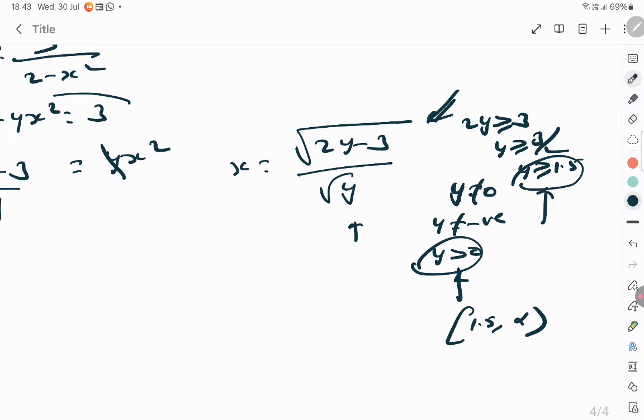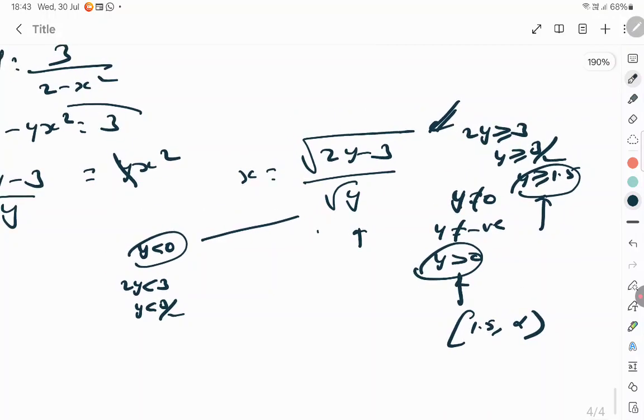In that case, y is any number less than 0, thinking about the denominator, and taking the numerator, 2y can also be lesser than 3. y can also be lesser than or equal to 3/2, because the numerator can always stay less than or equal to. y has to be lesser than 1.5. So the answers can also be from minus infinity till 1.5. Correct? 1.5 inclusive, union. So this is the answer.